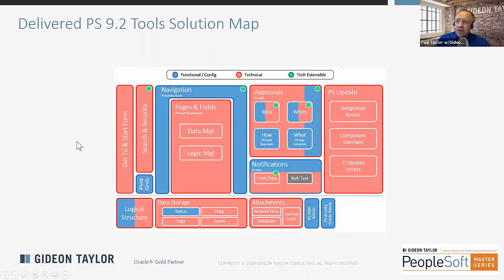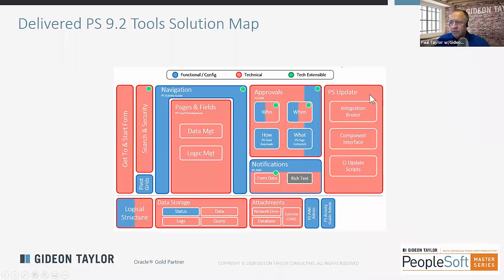As you're building this out, you're going to have technical work to get the form started. You're going to have functional work to do the navigation, technical to build your pages and fields, including your data and logic management. You're going to have a mix of technical and functional for approvals and notifications.